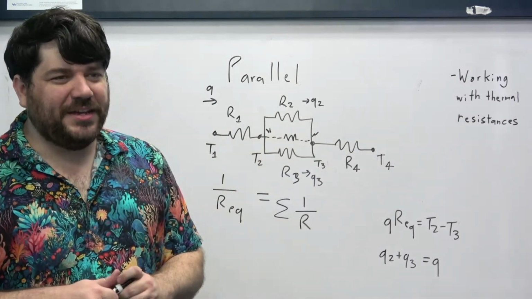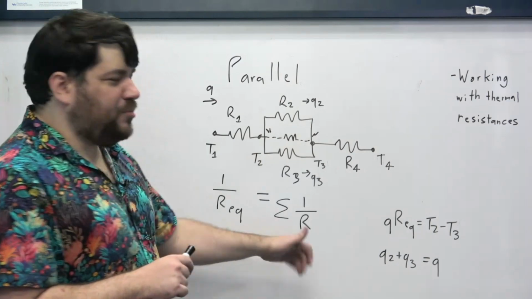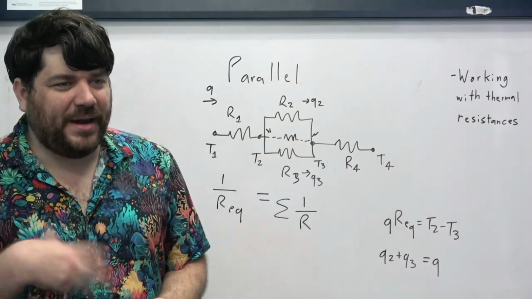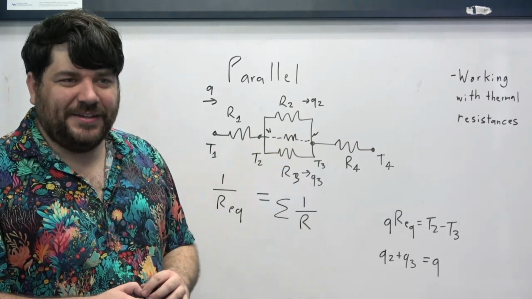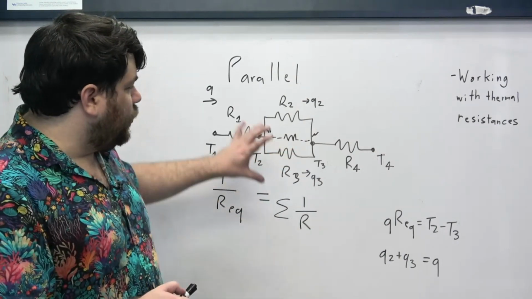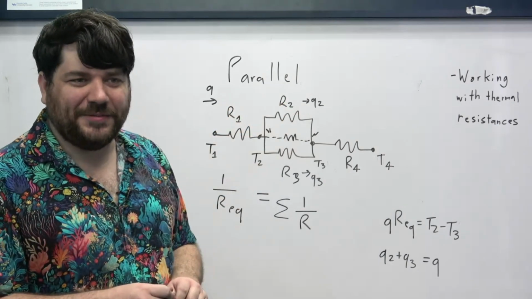And one of the really interesting things about this is that because of this inverse property, the parallelization makes it such that the equivalent thermal resistance is always equal or smaller to the resistances of each of the little parallel components.